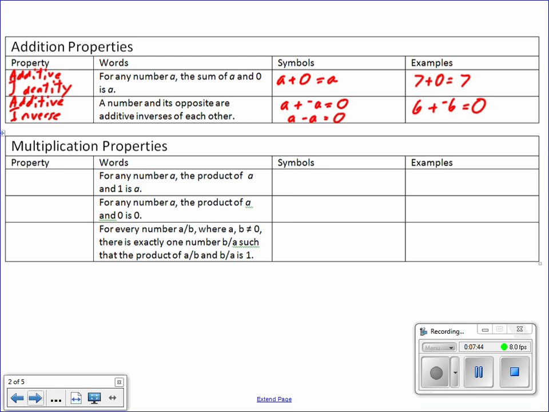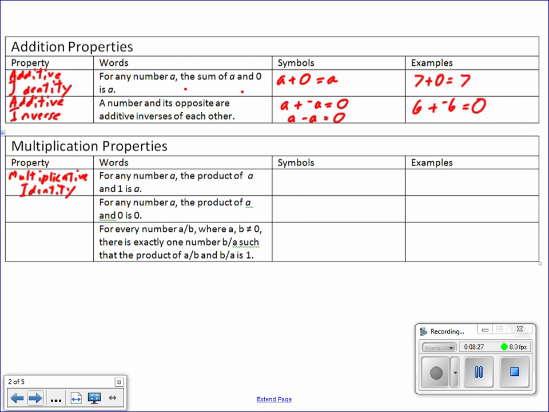Multiplication properties. For any number A, the product of A and 1 is also A. That's very similar to this one right up there, right? For addition, right? It's the same sound. So that's our multiplicative identity.